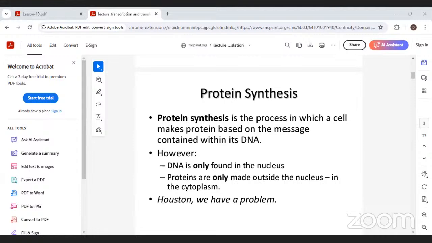Where can you find DNA? In the nucleus only. Where are proteins made? Outside the nucleus, meaning in the cytoplasm. Houston, we have a problem. Okay.